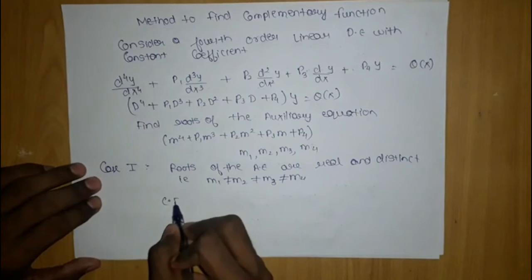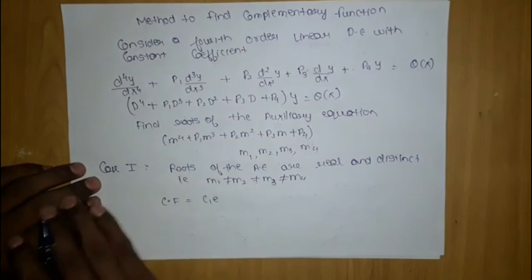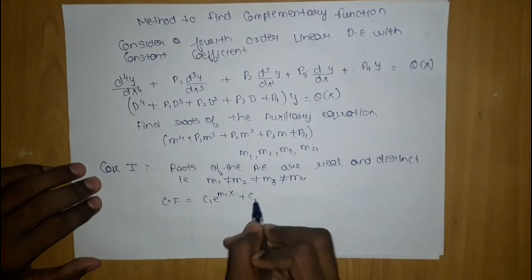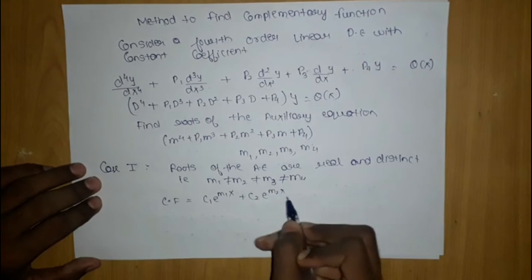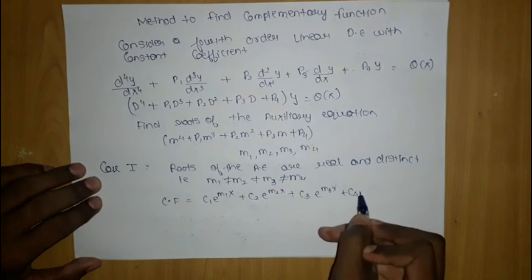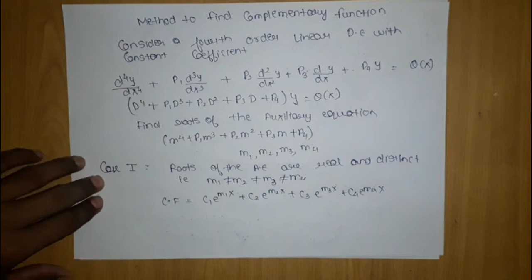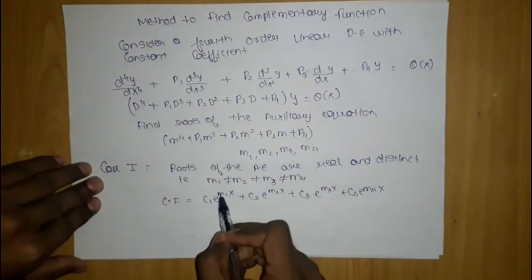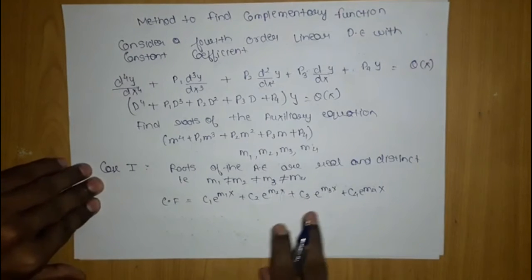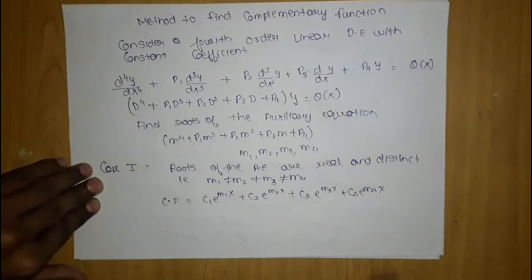So how will you write the complementary function if all roots are different? c1 into e to the power m1x, c2 into e to the power m2x, plus c3 into e to the power m3x plus c4 e to the power m4x. Like this you have to write the complementary function.